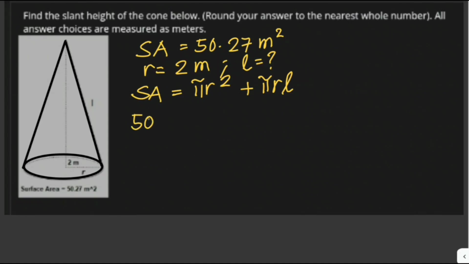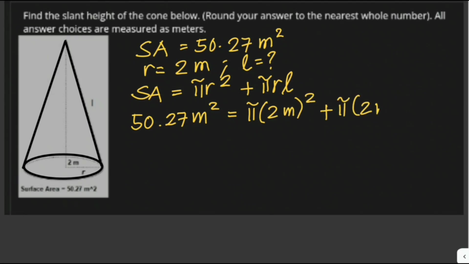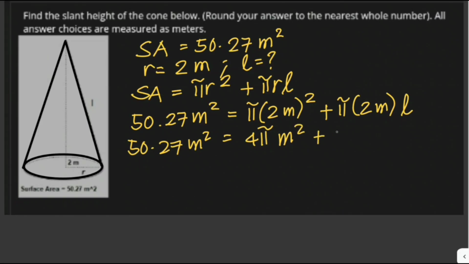We're given the surface area, which is 50.17 square meters, equals pi times the radius, which is 2 meters squared, plus pi times the radius, which is 2 meters, times the slant height. And then we simplify everything. This is 50.17 square meters equals 4 pi meters squared plus 2 pi meters times the slant height.